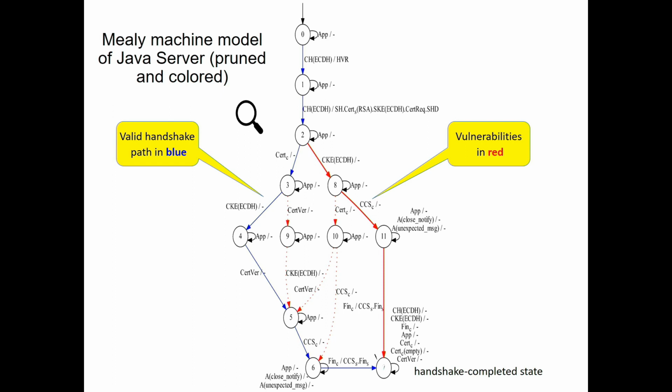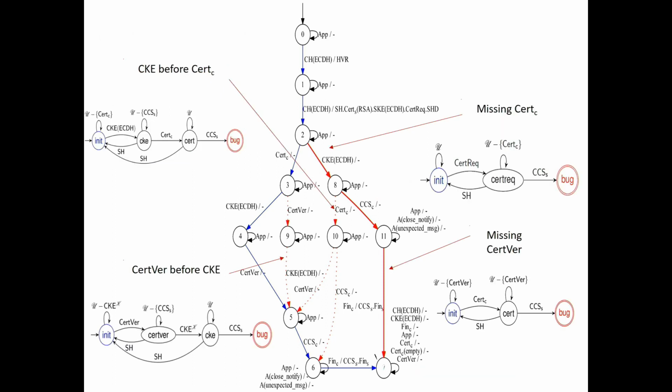And we can learn this by just automatically intersecting it with a set of bug patterns that we have written for DTLS servers. Okay? And you can see that the 4 bug patterns that are shown here are not terribly complicated. The biggest of them has just 4 states, 4 nodes.